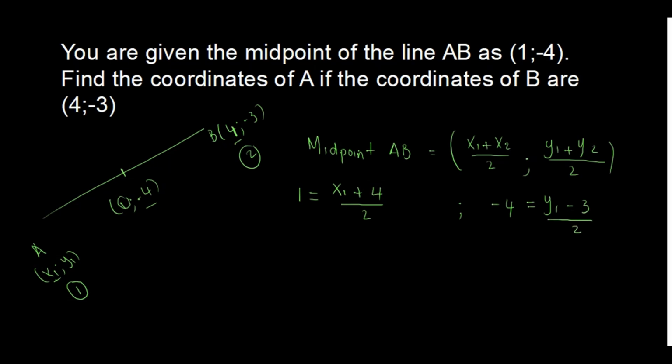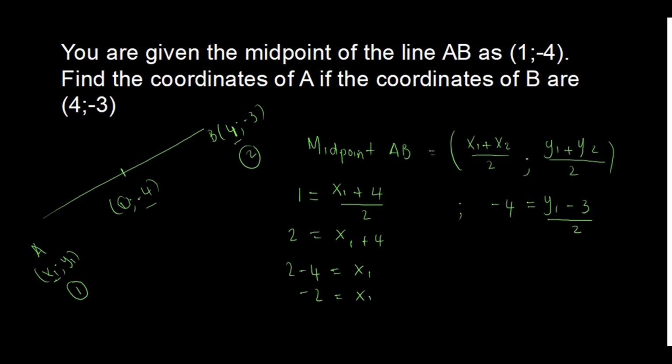We multiply by the 2, and we're going to be left with 2 equals x1 plus 4, and then 2 minus 4 is going to be equal to our x1. So 2 minus 4 is equal to minus 2. So that's the value for our x1.